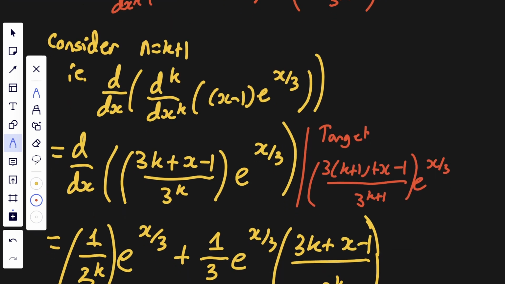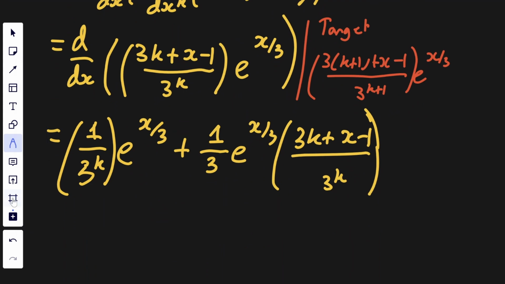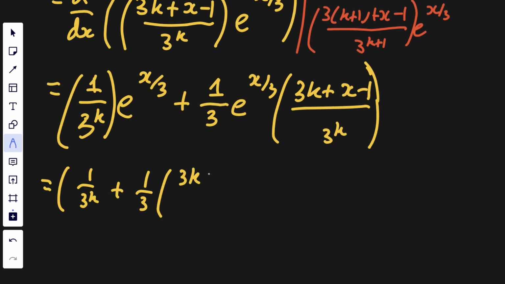So first of all, we want this factor of e^(x/3) on the outside. So let's do that first. That's quite easy. We're going to be left with 1 over 3 to the k plus 1 over 3 times (3k plus x minus 1) over 3 to the k, multiplied by e^(x/3).